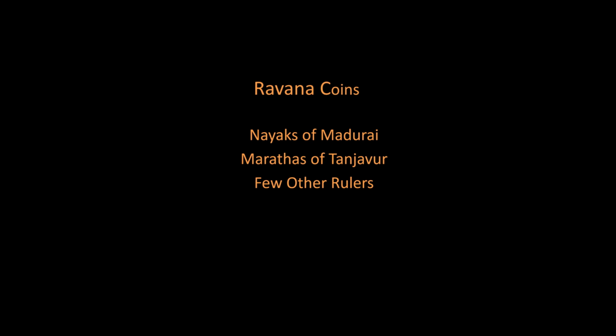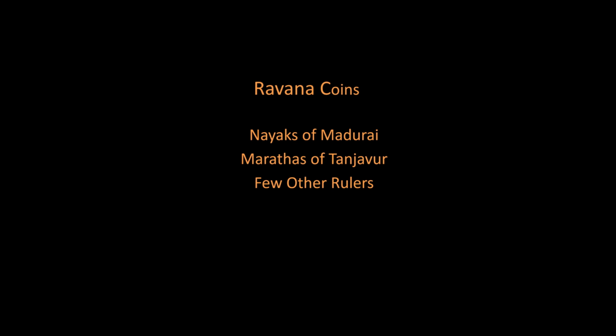And this transition from the Nayak rule to Maratha rule in Tanjavur started in the late 17th century, around 1676-78. And these Marathas continued in Tanjavur for nearly 150 years. In 1855, the last Maratha king of Tanjavur died, and the kingdom passed on to the British as per the doctrine of lapse.